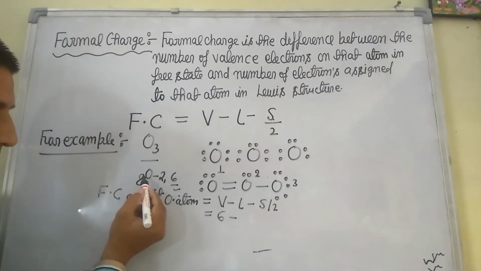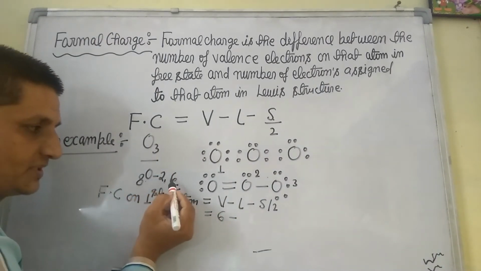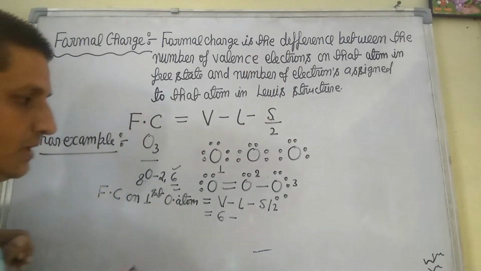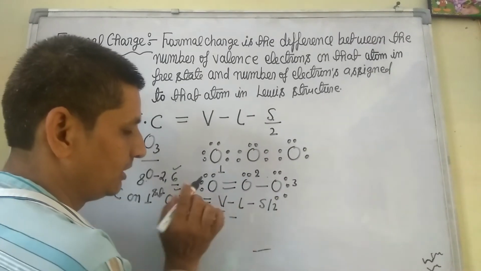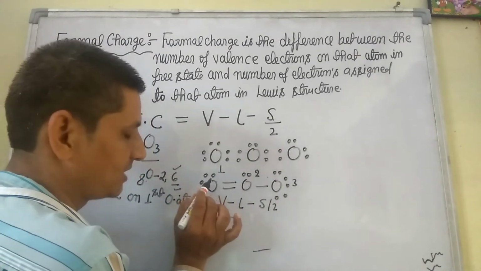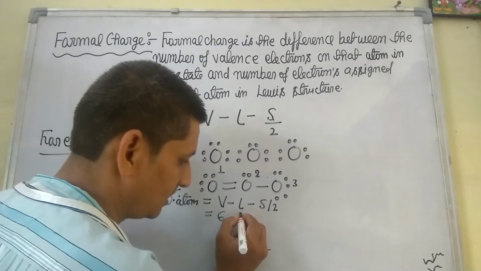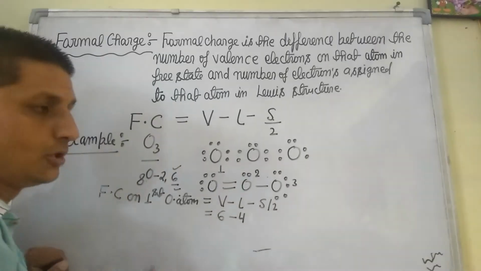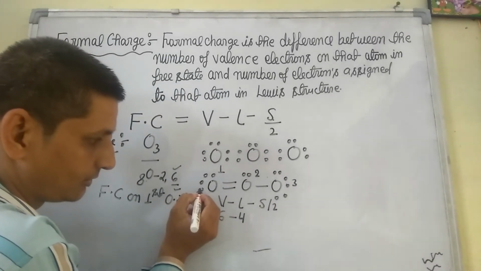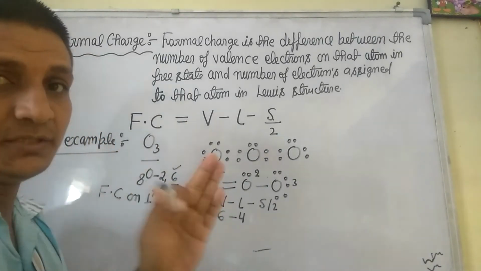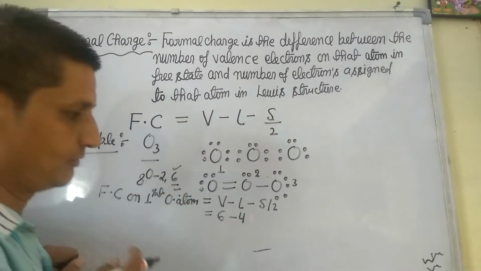You can see this is oxygen, electronic configuration 2, 6. These are called valence electrons. After this, lone pair of electrons. So the lone pair electrons on this oxygen atom are 4. Look here: 1, 2, 3, 4. What is a lone pair of electrons? Those electrons which cannot be shared or do not take part in bonding are called lone pair electrons.